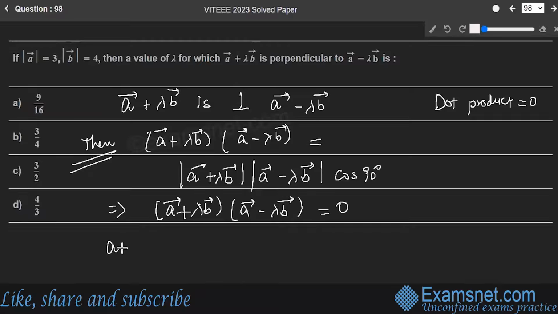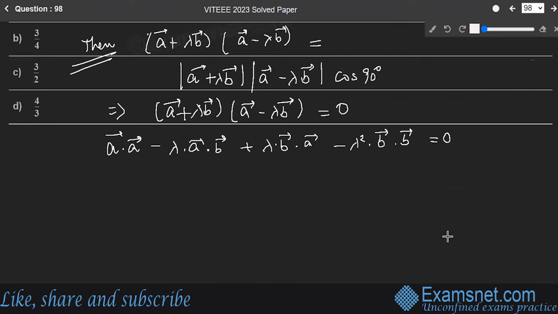Or you can write it as A dot A minus lambda A dot B plus lambda A dot B minus lambda square B dot B is equal to 0. So that is equal to A square minus lambda square B square, because they will cancel out each other. This is equal to 0, or lambda square is equal to A square upon B square.